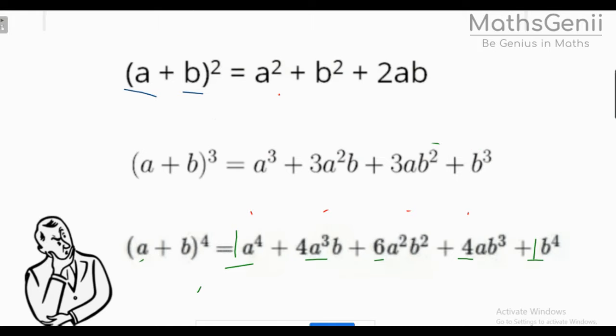Here your power is 3, and the number of terms you are getting is 1, 2, 3, 4. Here power is 4, and the number of terms you are getting is 5. So always you get one plus term than the power. Always.